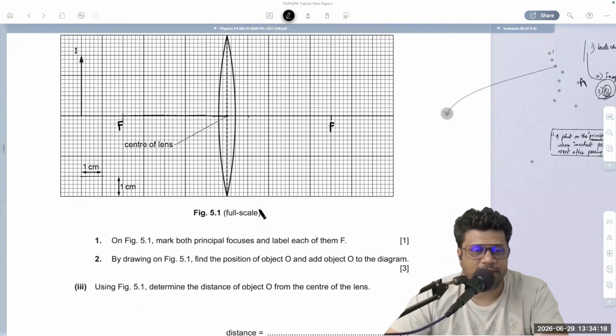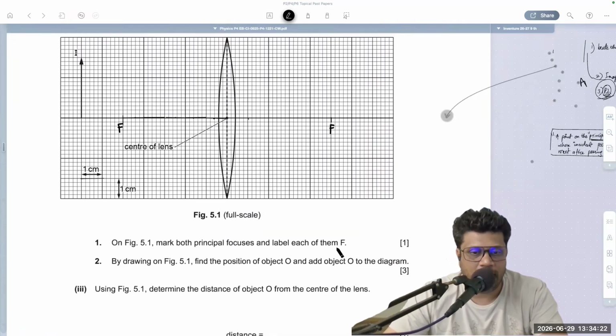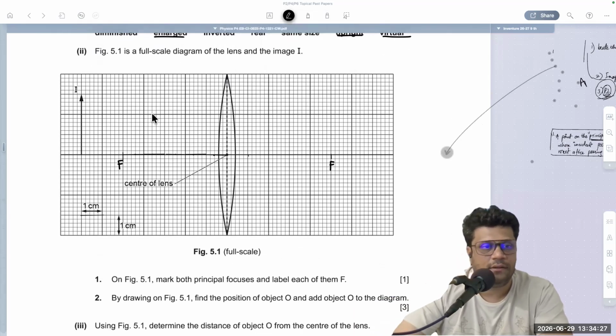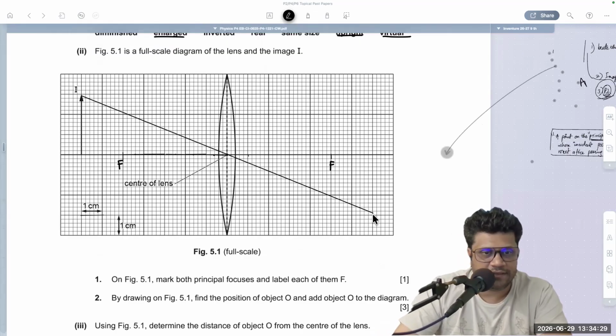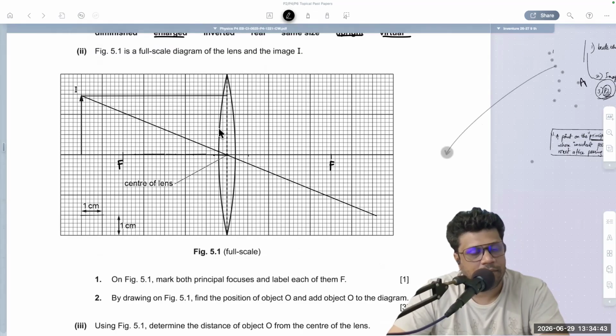Let's complete this question by drawing on the figure: find the position of the object and add object O to the diagram. So I'm going to follow the rules. A ray of light must have come through the center and gone undeviated. A ray of light which has come out parallel to the principal axis must have come through the focus.